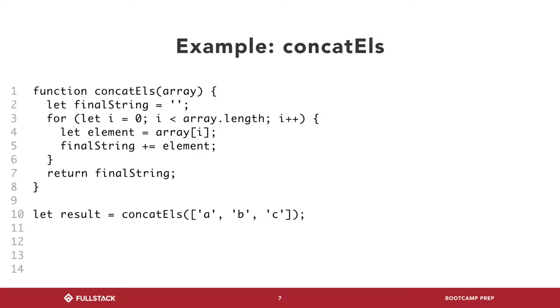In this case, this is a very typical for loop, right? Nothing special. I give you an array, I create an empty string, I go through the array, and for each letter in the array, I add it to our string, and at the end of it, I return my string. By now, hopefully, this is super easy and straightforward for you to understand.